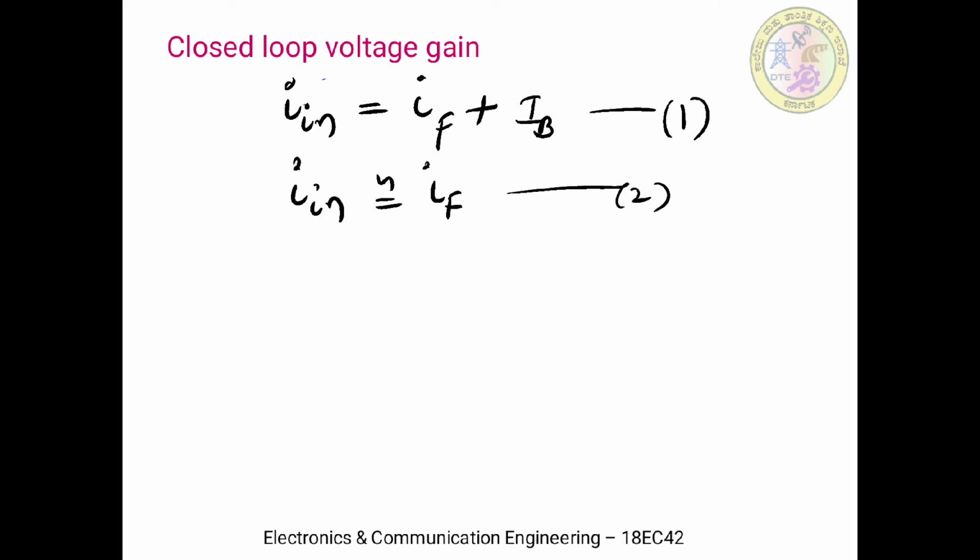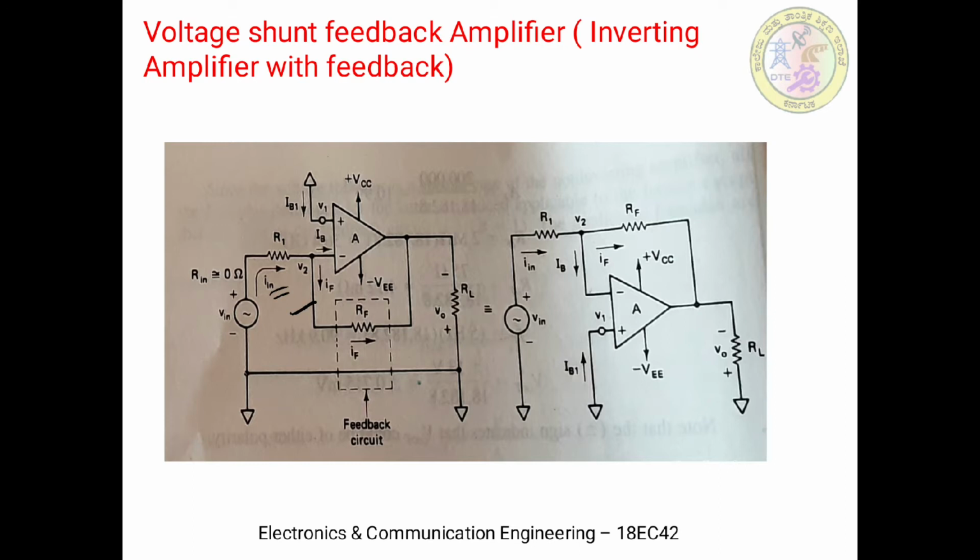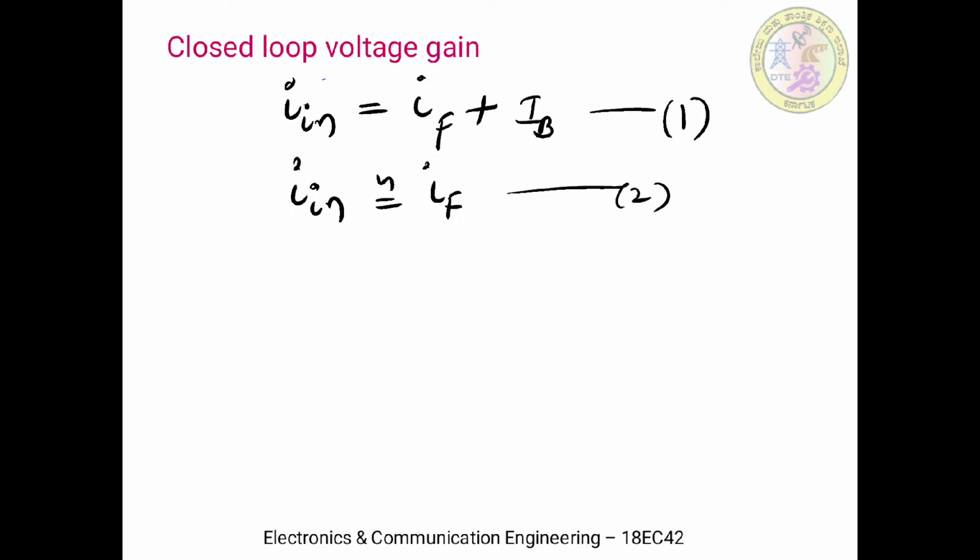Let us write the expressions for I in as well as IF. Referring to the circuit, I in is nothing but V in minus V2, the potential difference between V in and V2, divided by the resistor R1. So I in is V in minus V2 divided by R1, and this is equal to IF.